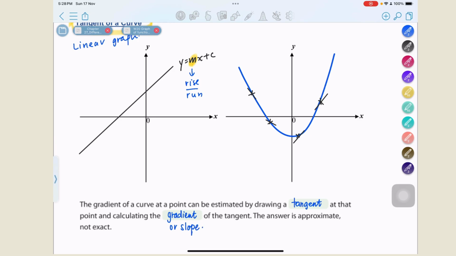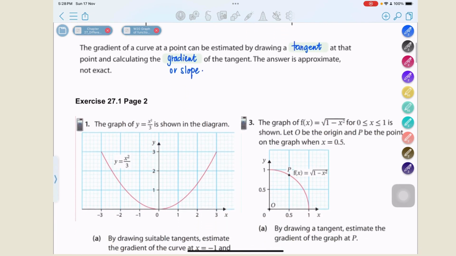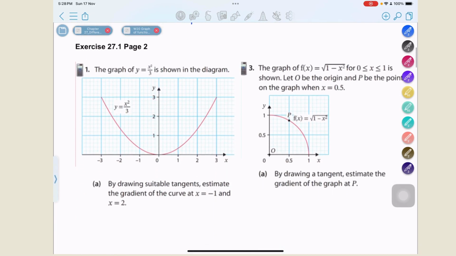What I mean is we can draw all these tangents, the ones I highlighted in yellow. All these are the tangents to the curve. We can draw a tangent in order to calculate their gradient values.